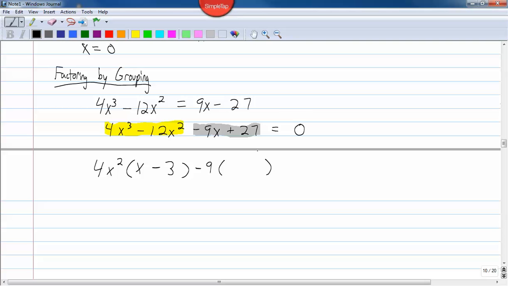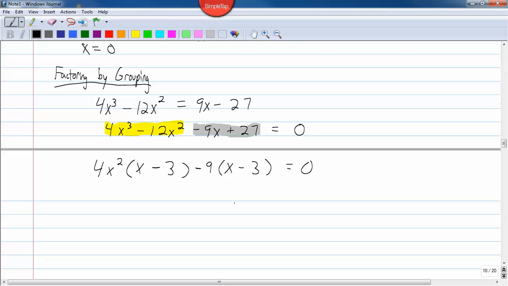I can't factor an x out because the second term in my second group doesn't have an x in it. I can only factor a negative 9 out. So what is that going to leave me from my first term? X. What is that going to leave me from my second term? A negative 3. Why negative 3? Because I factored a negative 9 out. And if we were to multiply the negative 9 back in, we want to get a positive 27.